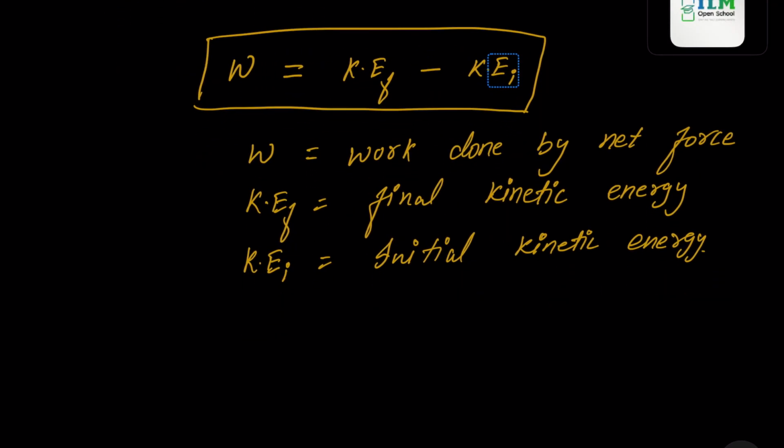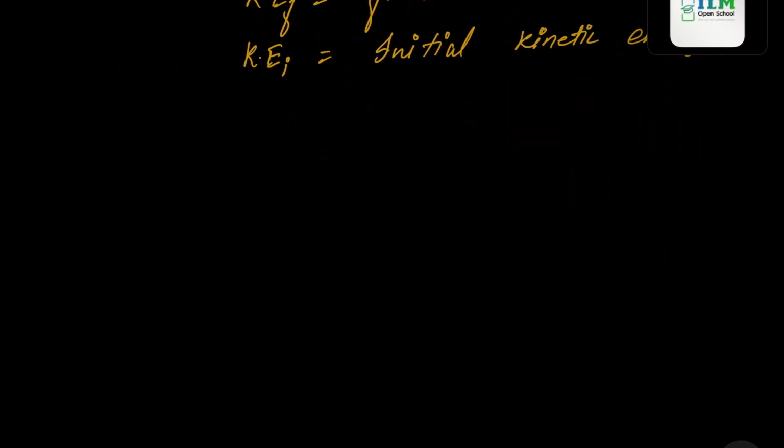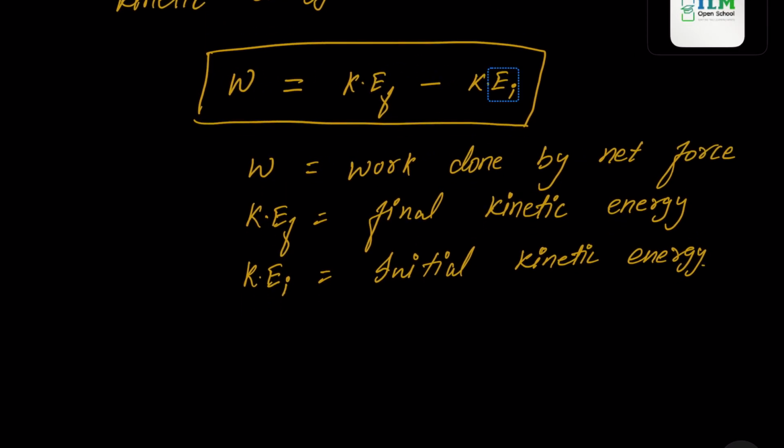KEF means final kinetic energy and KEI is initial kinetic energy. So this is the formula for the work energy theorem.